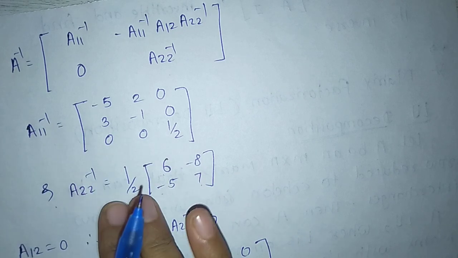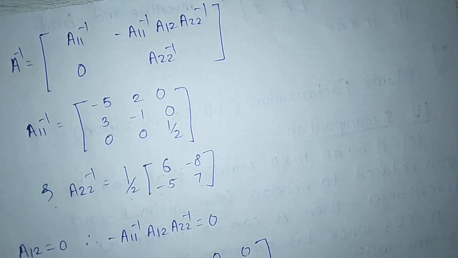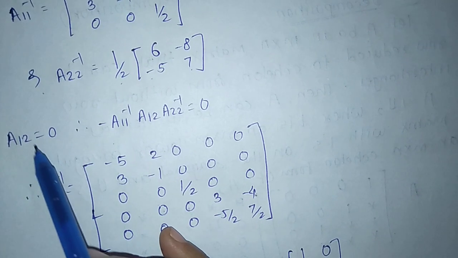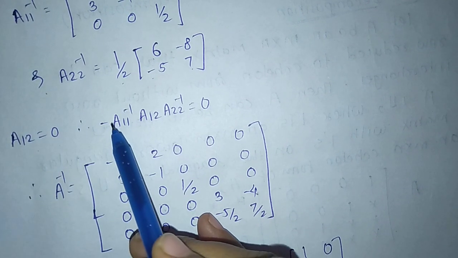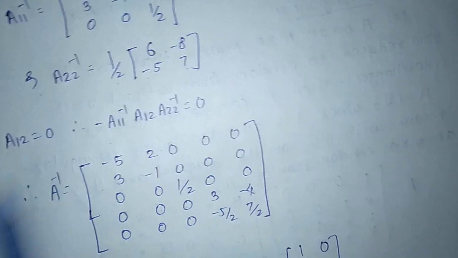This is your exercise to find A11 inverse, A22 inverse. And A12 is 0 matrix, therefore minus A11 inverse A12 into A22 inverse equal to 0.